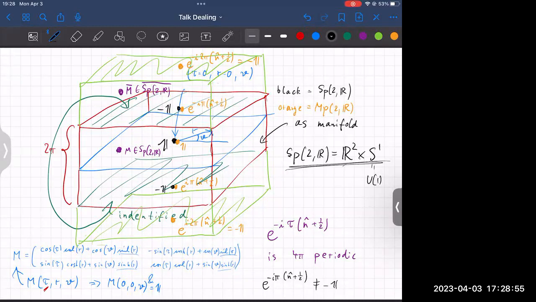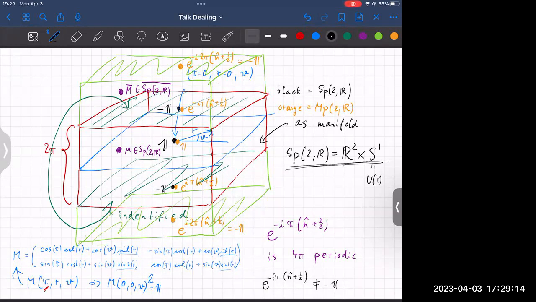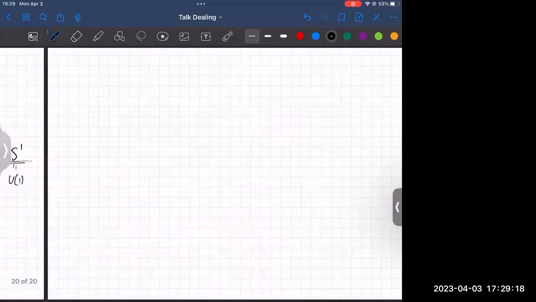But by just gluing 2 versions onto each other, you don't change the manifold. It's really the multiplication on it that is different for the metaplectic group compared to the symplectic group.